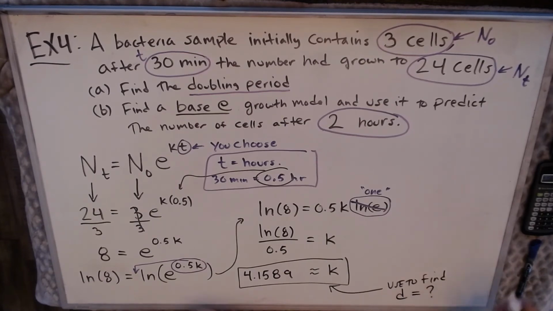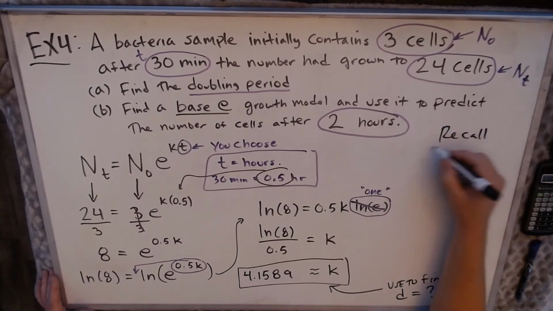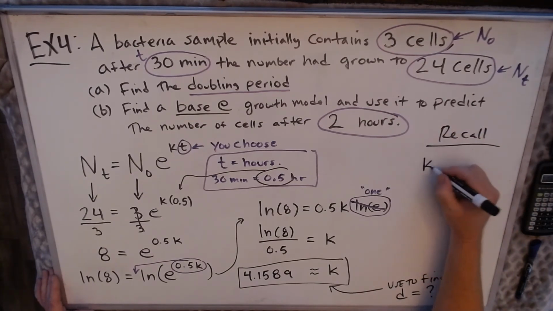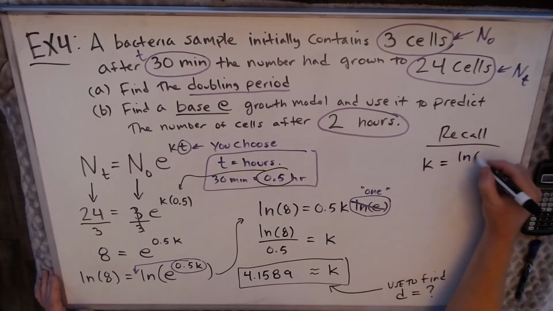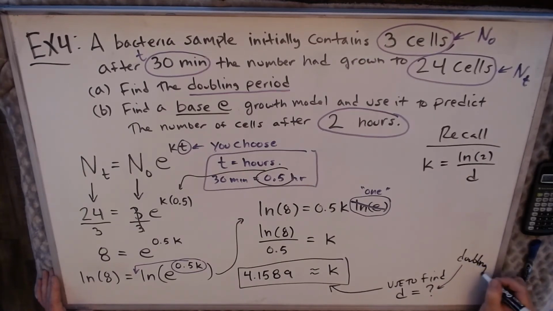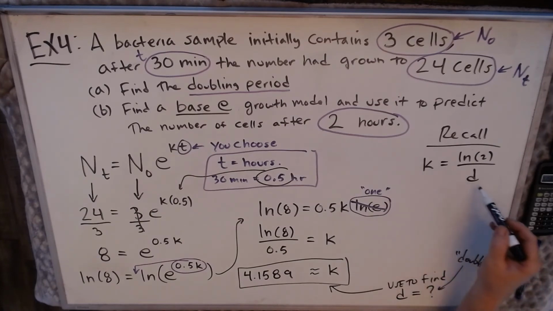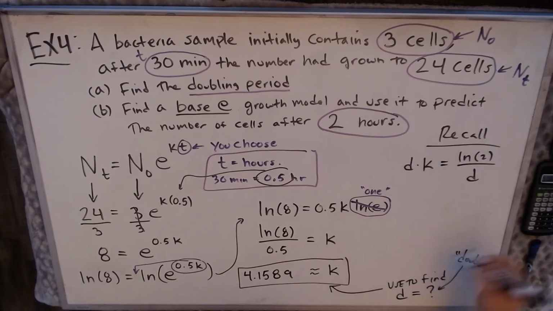D for doubling period. So if you remember the formula, k is equal to ln of 2 divided by D, the doubling period. We're going to solve this for D. You know what I like to do is I like to just solve it algebraically and then plug in the numbers when I'm done.